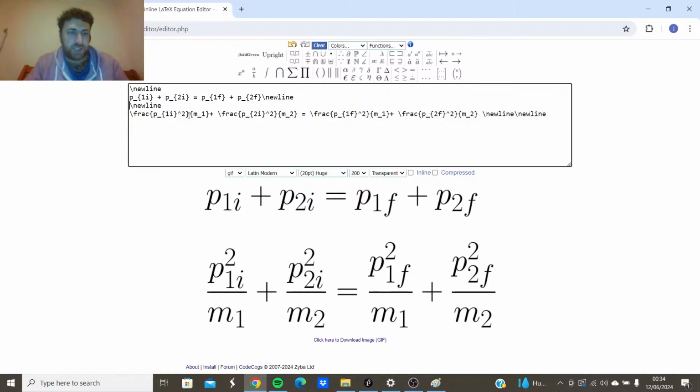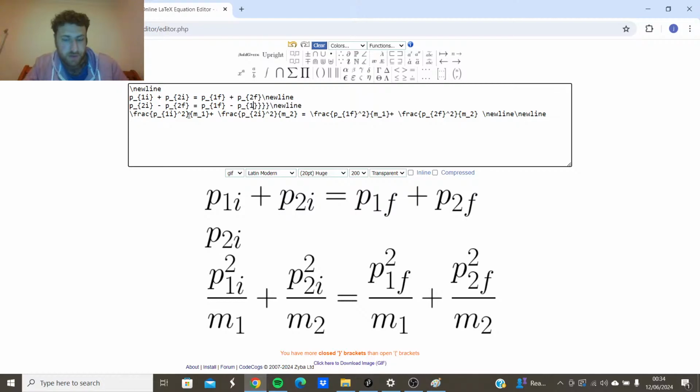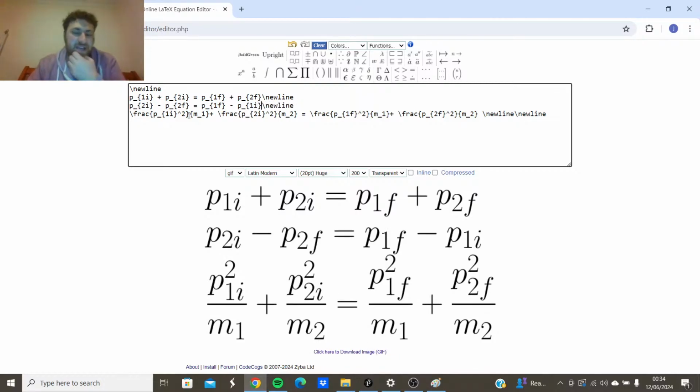So our first equation is going to be P2I minus P2F, and our second equation is going to be P1F minus P1I.